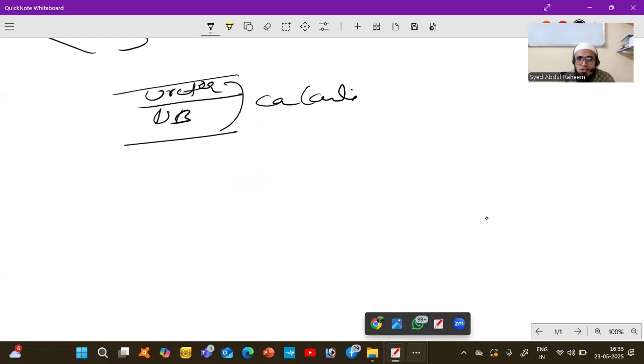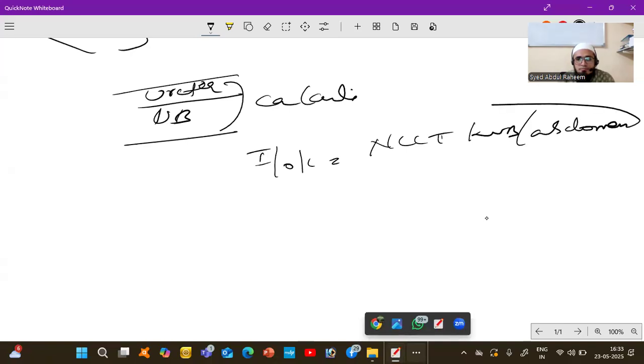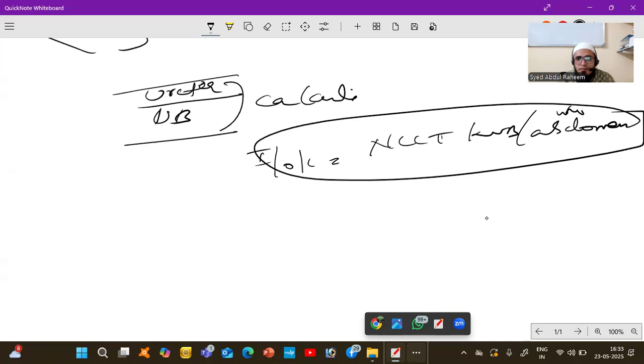The investigation of choice is NCCT KUB or whole abdomen, which means you can see all the structures: kidney, ureter, urinary bladder. All these structures we can see in the NCCT.